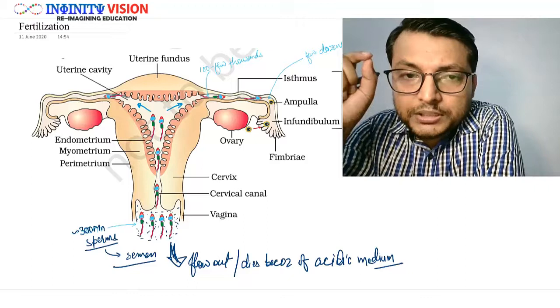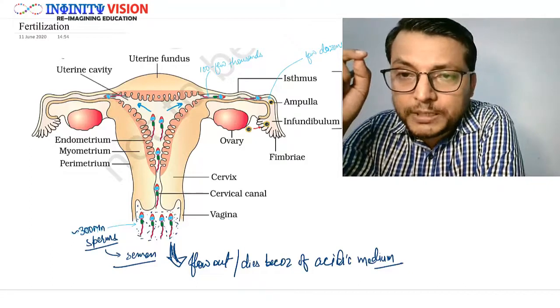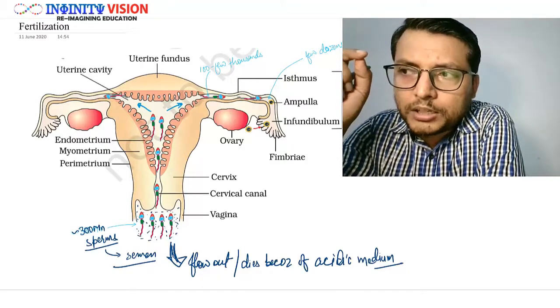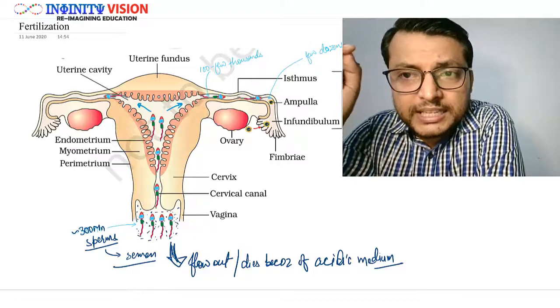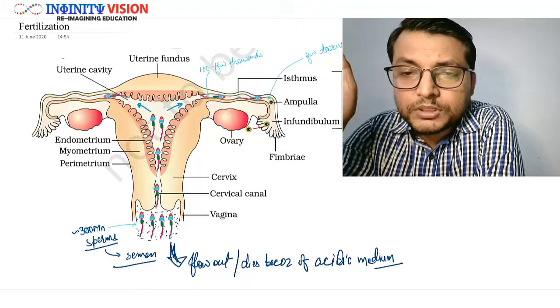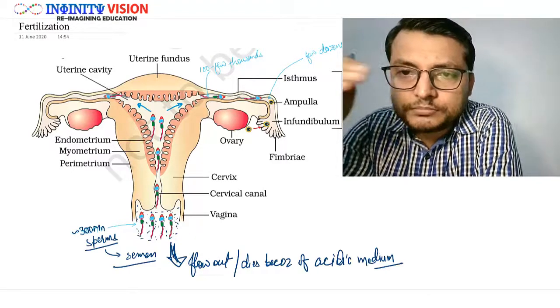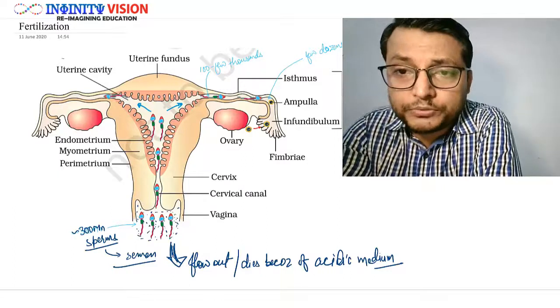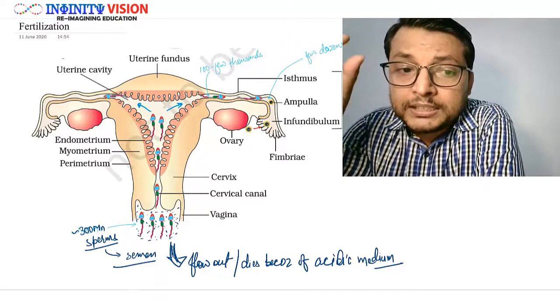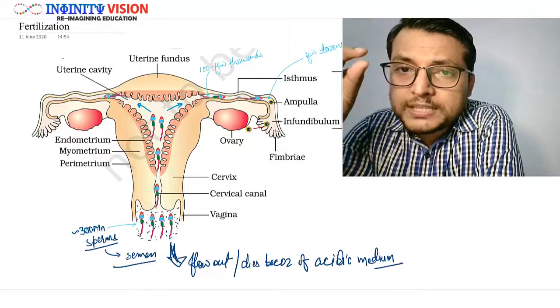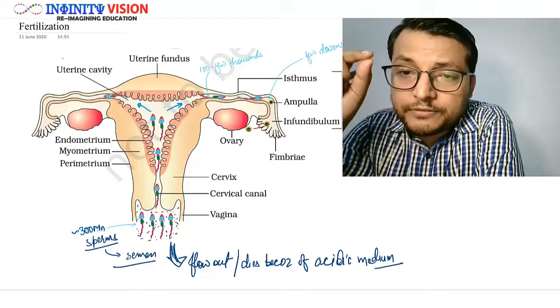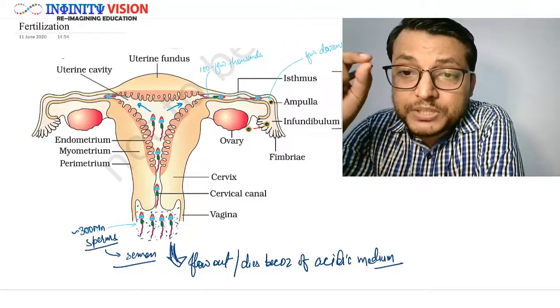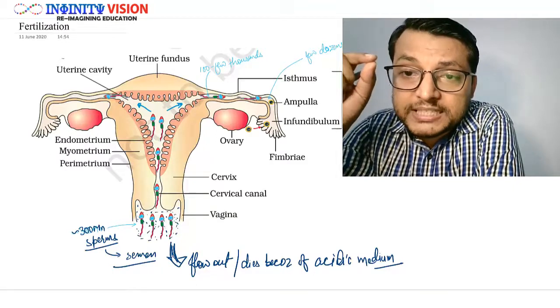But during the days of ovulation, about 3 days around the ovulation period, the cervix opens slightly and the cervical mucus present in it also gets diluted.